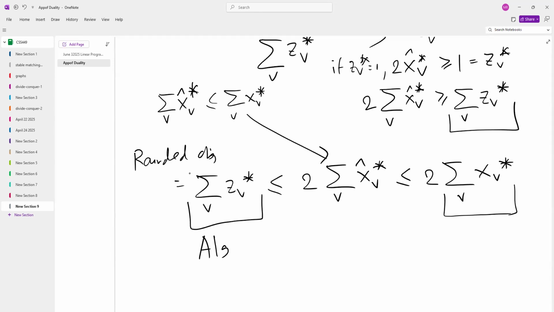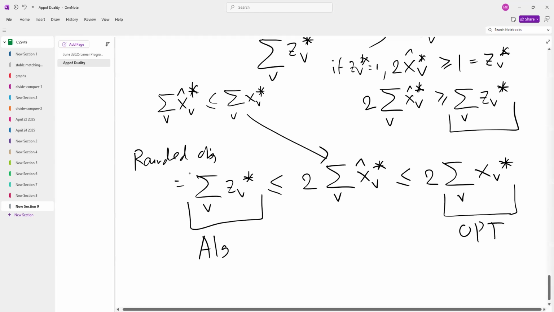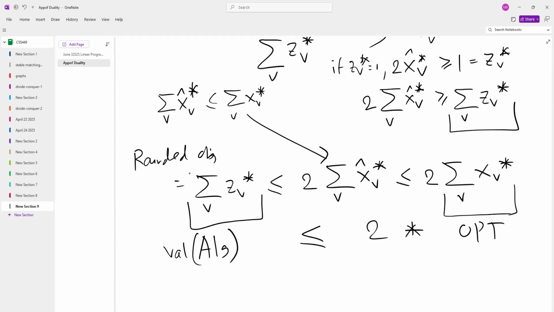So if this value we call optimal, OPT, right? Then the value for the algorithm has to be less than or equal to 2 times the optimal. So this gives me an exact upper bound on the performance of the algorithm.